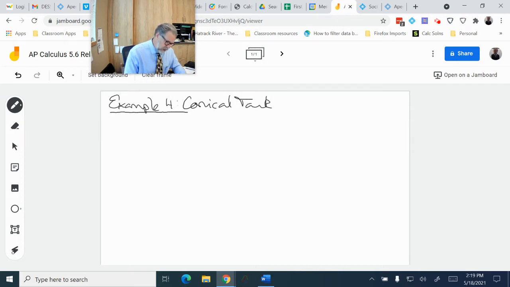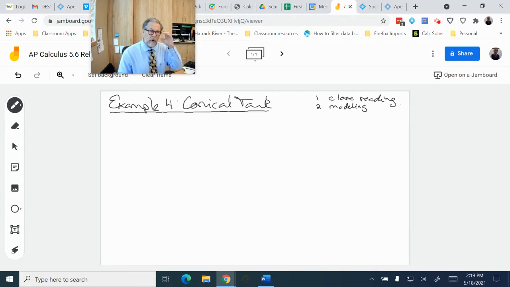A quick reminder of our strategies page. Strategy number 1 is close reading, highlighting, pulling out information, et cetera. Strategy 2 is modeling. Typically that involves drawing a diagram to start with, and then listing every equation that you could think of that might relate to that diagram.